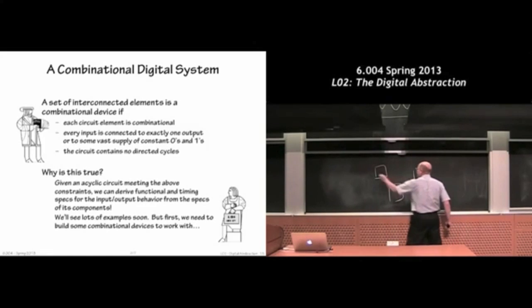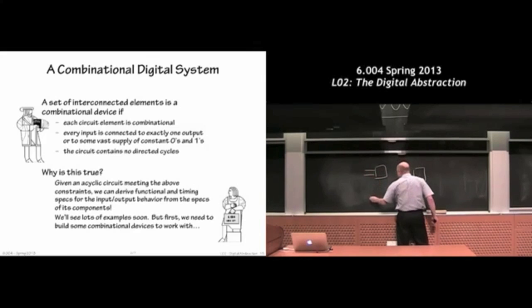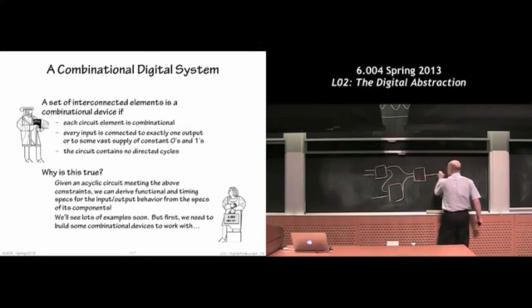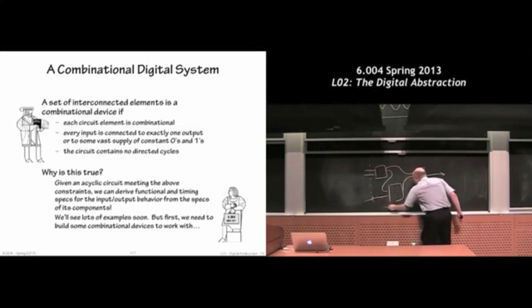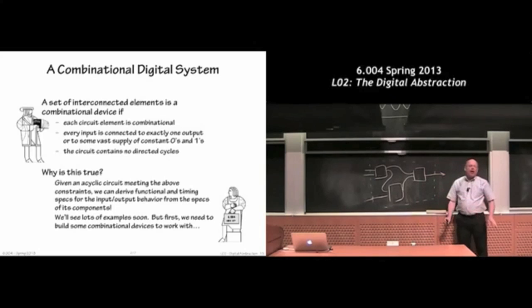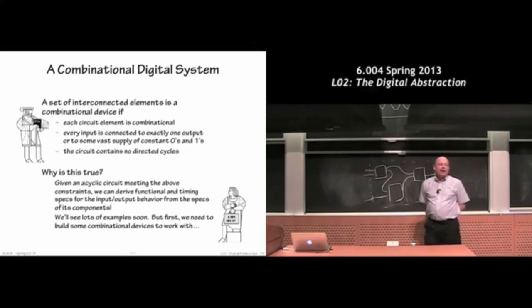These are 3 combinational devices that have some inputs, and I claim that each of these is combinational. But now I have an acyclic connection where I'm not shorting any outputs together. I claim that the dotted box is also a combinational device.